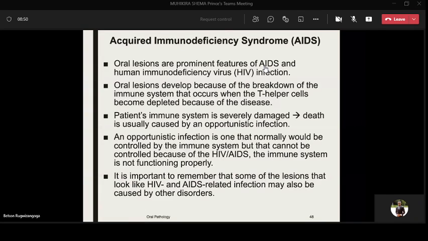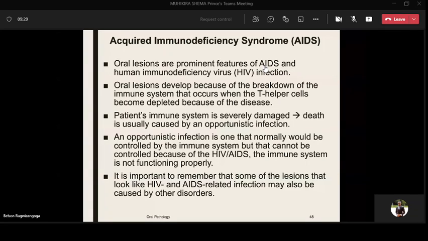Because HIV/AIDS, the virus itself, attacks these CD4 cells and kills them, or causes them to be killed. So when the patient's immune system is severely damaged, it will be followed by death, and this death is usually caused by opportunistic infection. So you cannot say HIV/AIDS itself kills. What it kills are these opportunistic diseases, the cancers, severe infections, and so on.